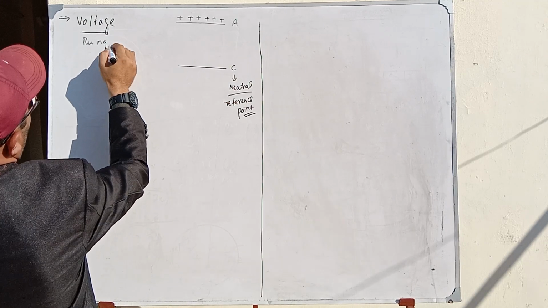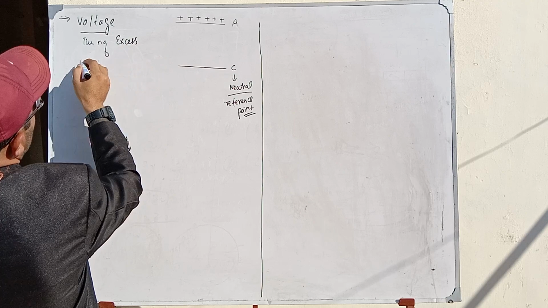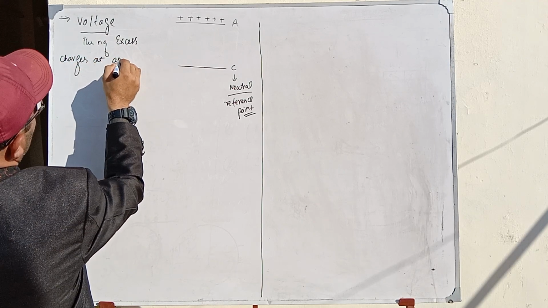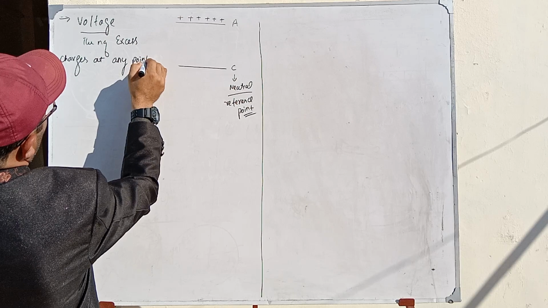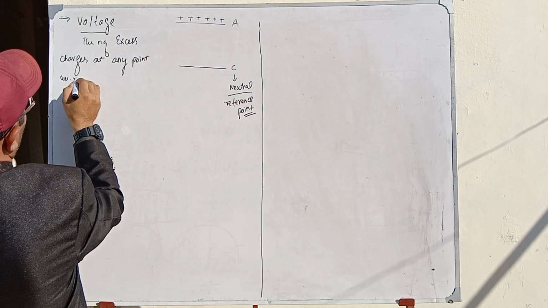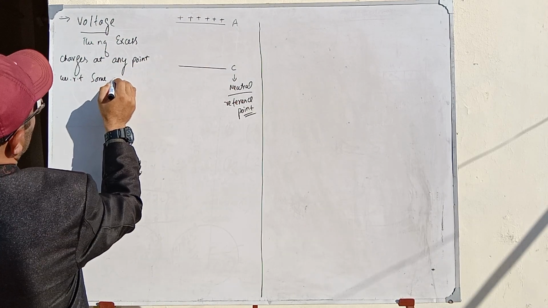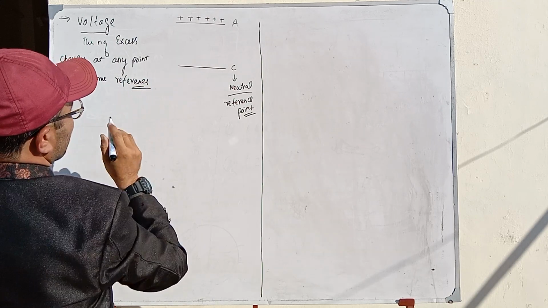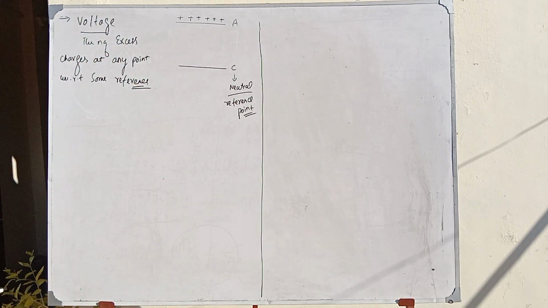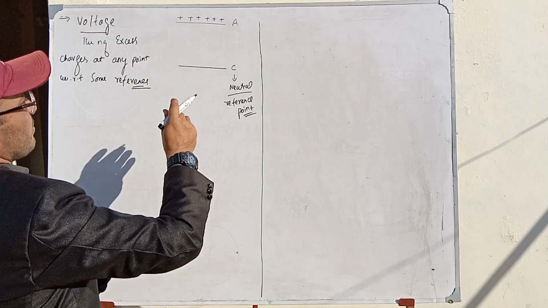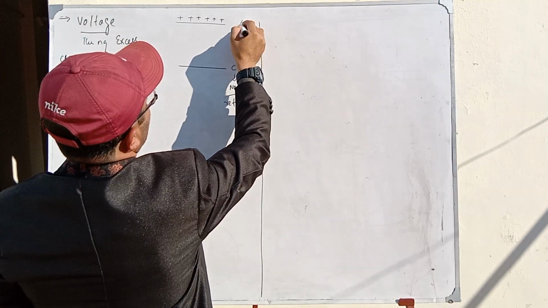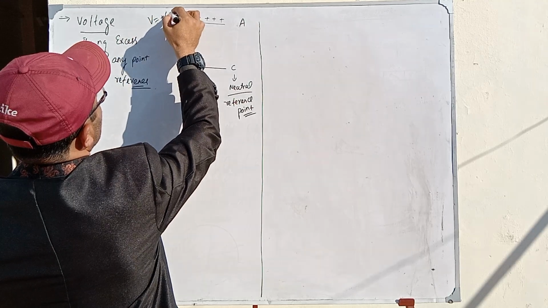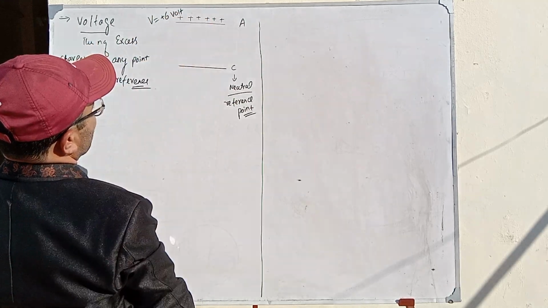The number of excess charges at any point with respect to some reference point is called voltage. And I will take the voltage, this is plus 6 volt.